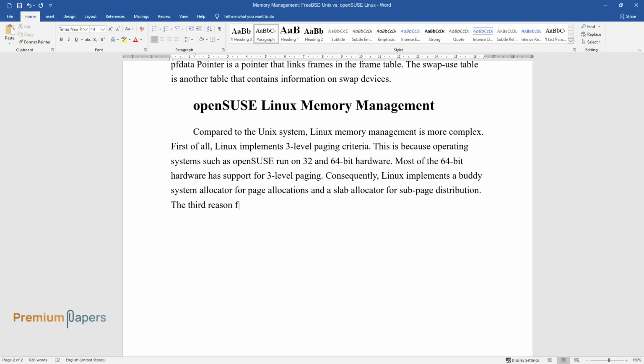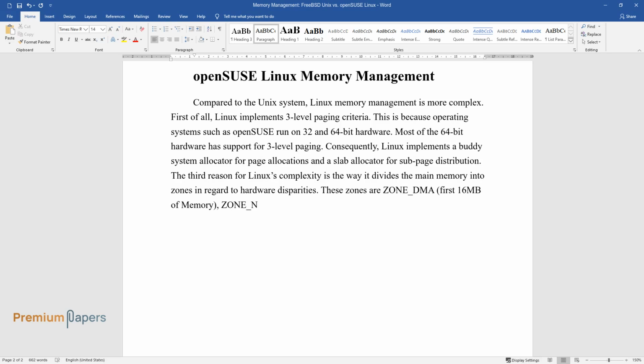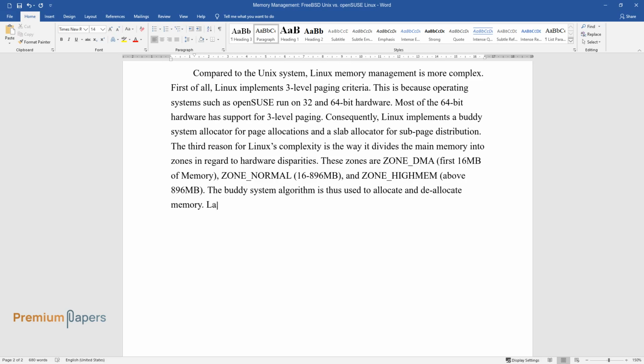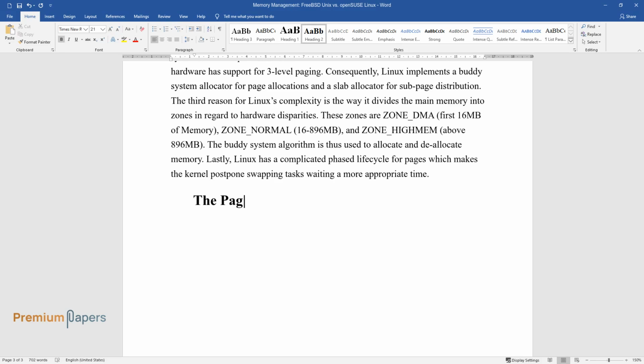The third reason for Linux's complexity is the way it divides the main memory into zones in regard to hardware disparities. These zones are Zone DMA, first 16 megabytes of memory, Zone Normal, 16 to 896 megabytes, and Zone HIGHMEM, above 896 megabytes. The buddy system algorithm is thus used to allocate and deallocate memory. Lastly, Linux has a complicated phased lifecycle for pages which makes the kernel postpone swapping tasks waiting for a more appropriate time.